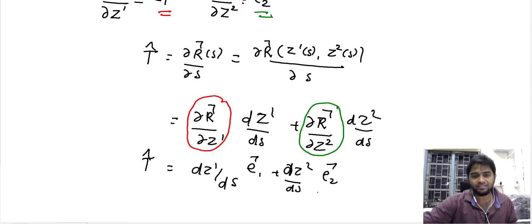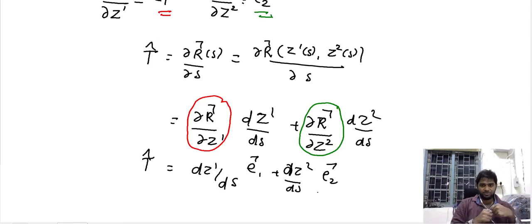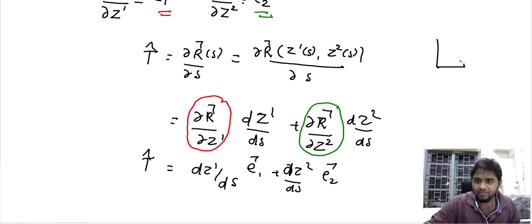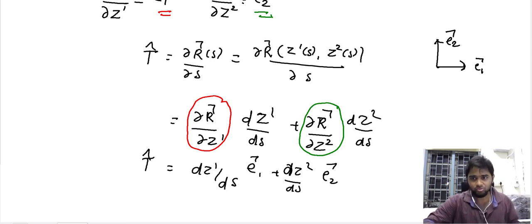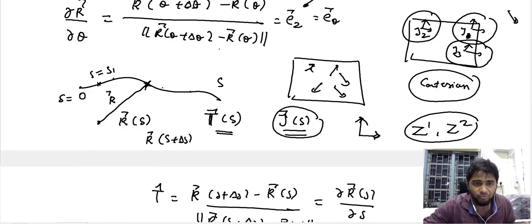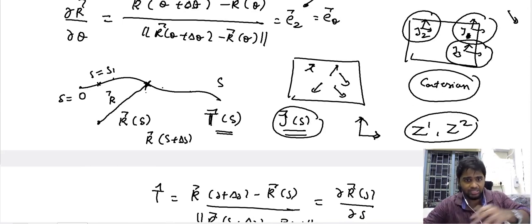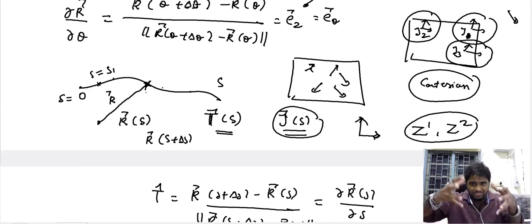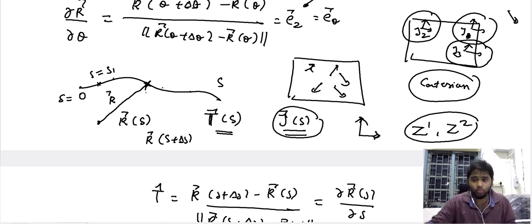So what we have done is express a vector that is subjective to the arc length using the conventional basis of E1 unit vector and E2 unit vector. Using E1 and E2 we have represented a specific, unique form of a vector that is restricted to the curve, and that is described by arc length. So that is one benefit of having this generic description, this covariant basis, while describing a vector.